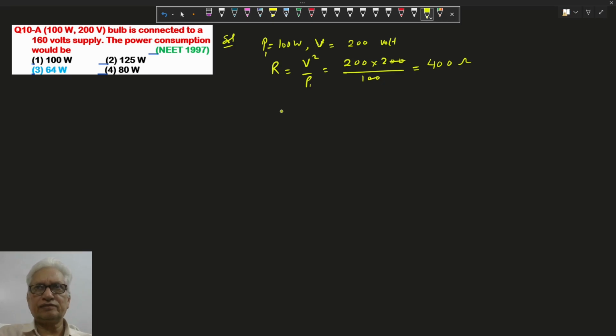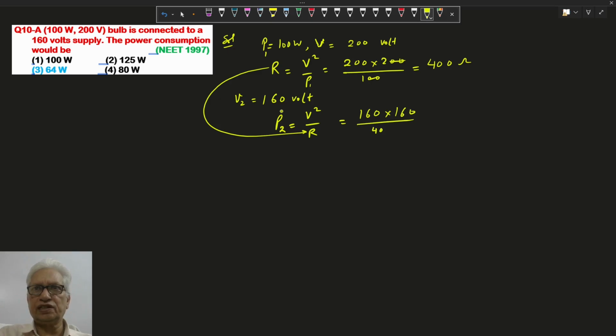There is no change in the resistance, but suppose the voltage decreased to 160 volt from 200, then the power will be different with the same resistance. It means now 160 square divided by this resistance 400, both zeros cancel, 4 goes, so 64 watt.